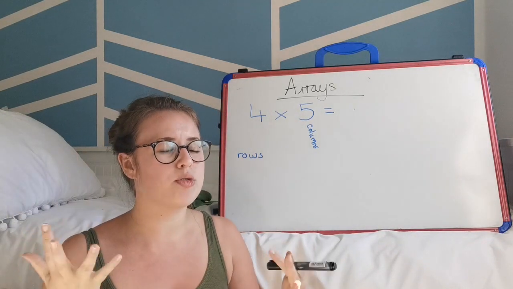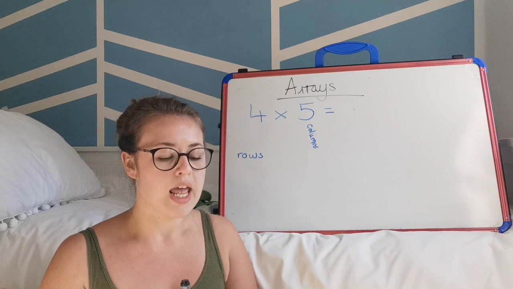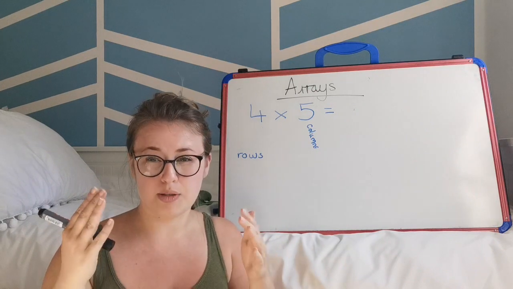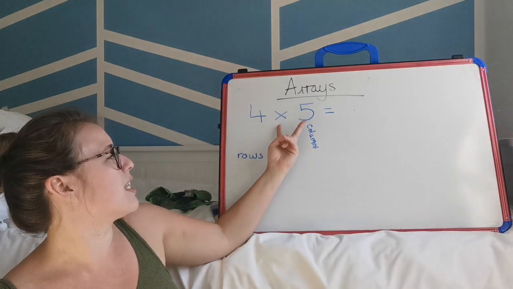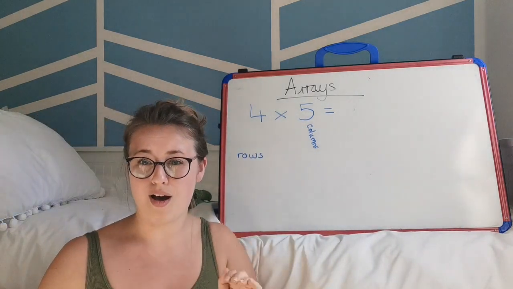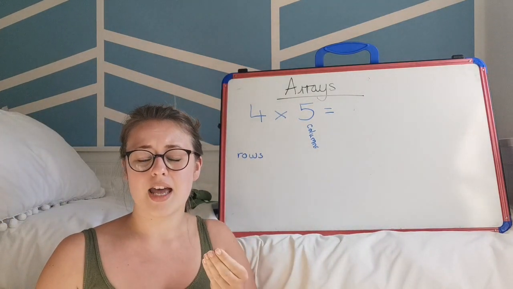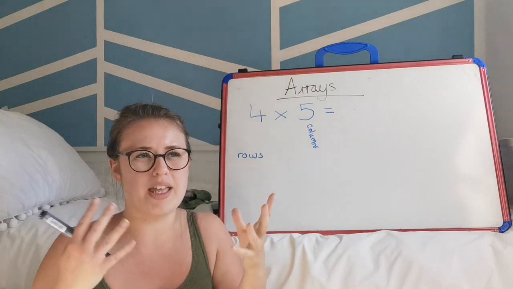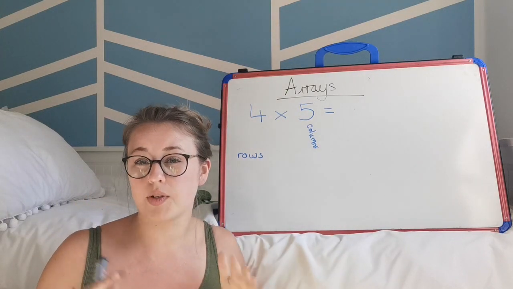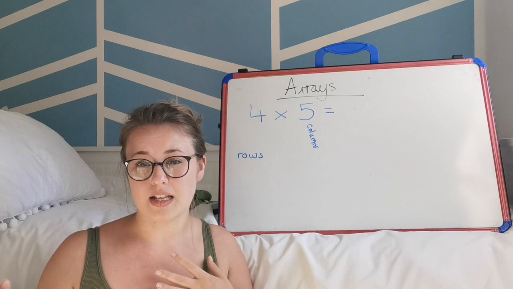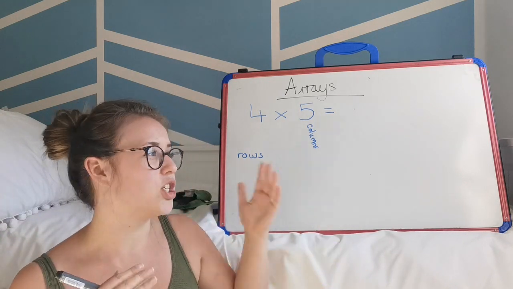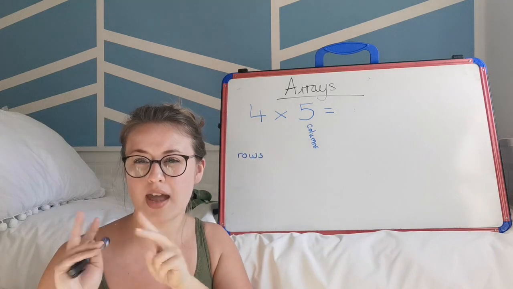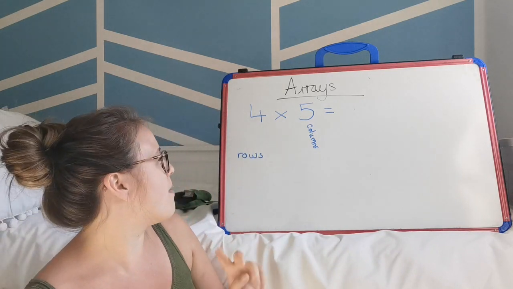One thing that is important to remember about multiplication is that it is commutative, which means it can go either way. It doesn't matter which way around the numbers are, because they will always make the same number sentence. That is true of multiplication and addition. So this is where they are quite easily linked.